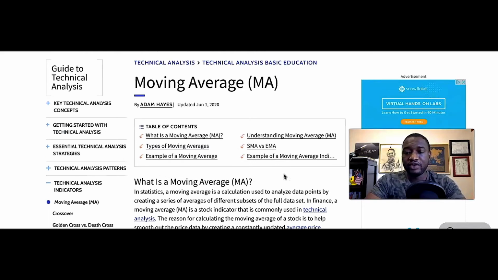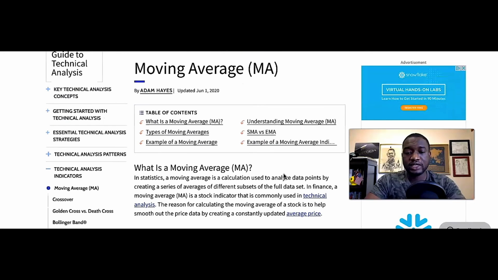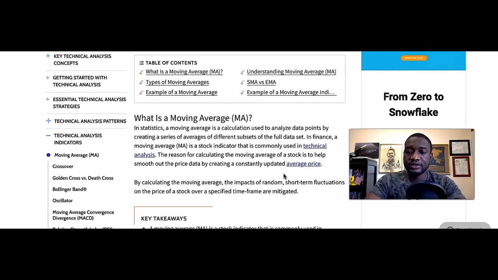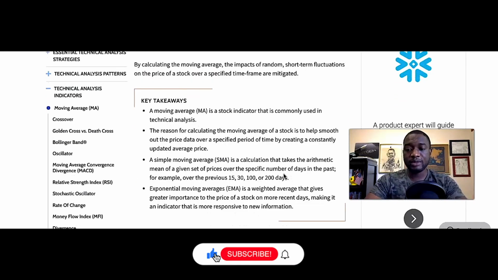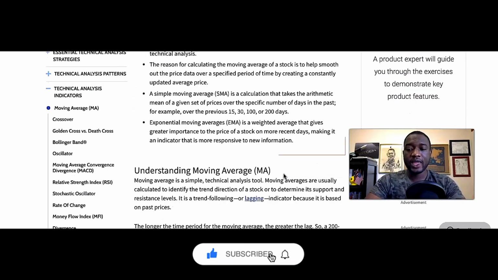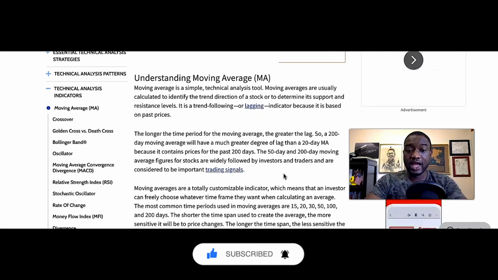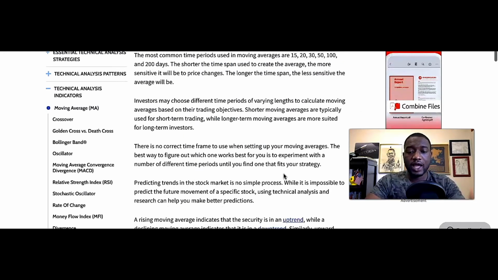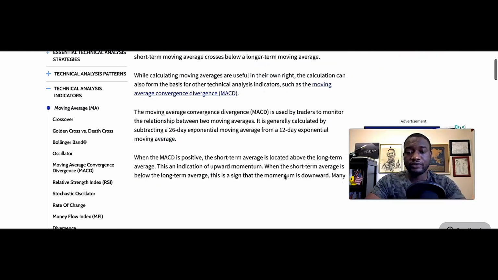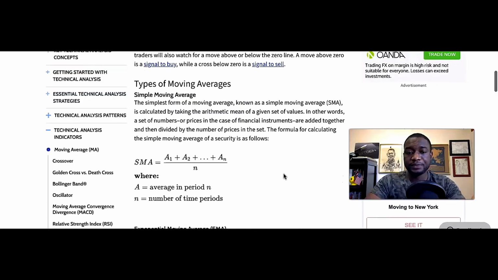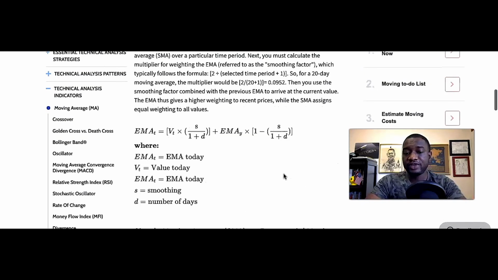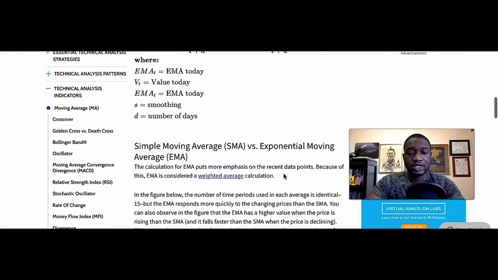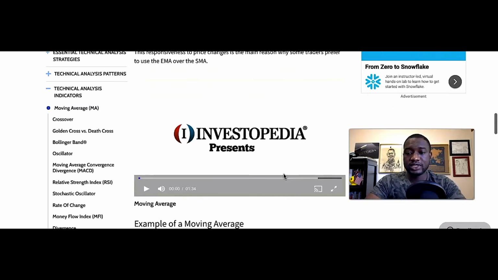Moving averages are an important aspect of trading. You need to know what they are and how to use them. I'm going to leave this article in the description. It gives you all the details about the different types of moving averages, their formulas, and all these things.